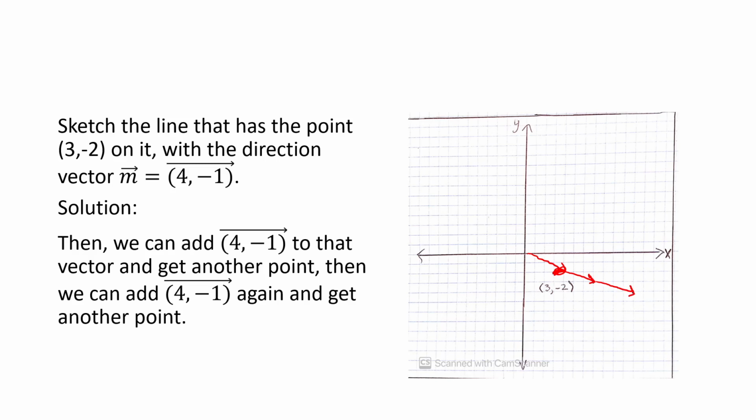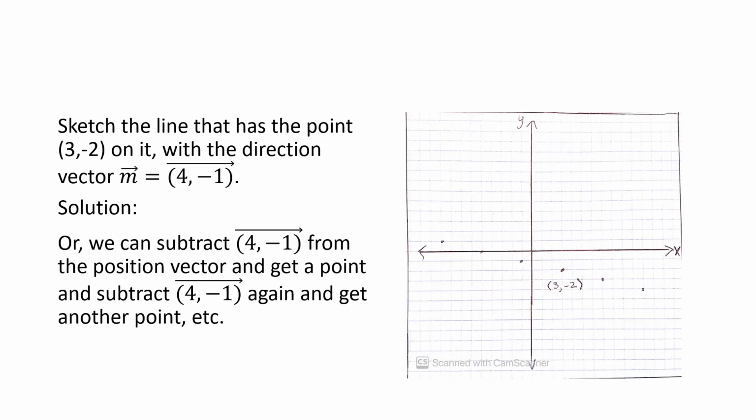And so we keep on adding 4, -1, and we get more and more points on the line. But we don't just have to go in a positive direction, in other words, add positive multiples of 4, -1. We can also add negative multiples of 4, -1. So instead of going 4 to the right and 1 down, we can go 4 to the left and 1 up, and we keep on doing that.